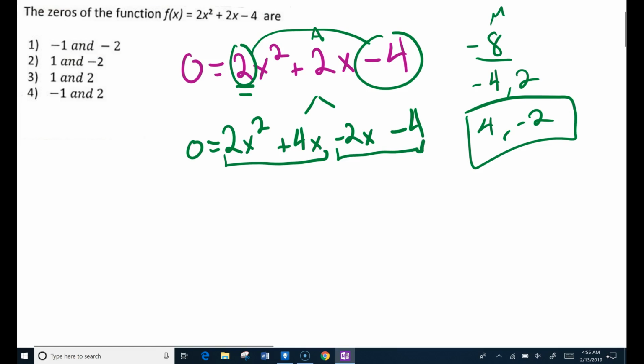So for 2x squared and 4x, I could factor out a 2x, which leaves me with an x for the first term, and a 2 for the second term. Now, for factor by grouping, when I do this second pair here, I still want to get x plus 2 in the parentheses, so I'd be able to factor that out of both terms.